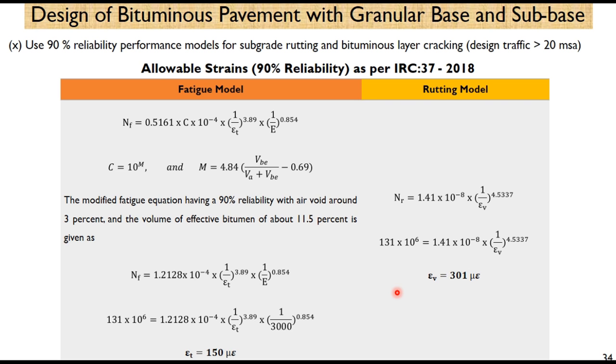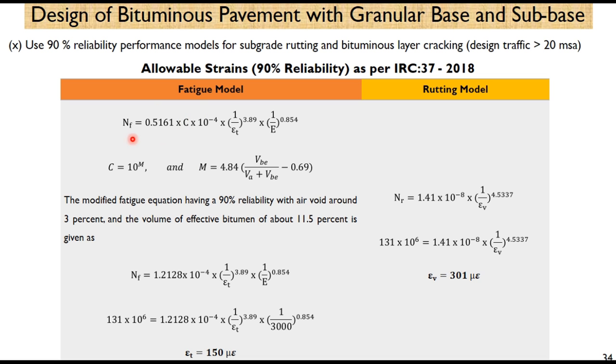So with these parameters, we can calculate the allowable strain at 90% reliability as per IRC 37. For fatigue model, this is the equation. Here C is a parameter which depends upon M, and M depends upon effective binder content and air voids. So if you put the value of air voids as 3% and VBE as 11.5%, you calculate value of M, and from M the value of C, and put this value of C here.